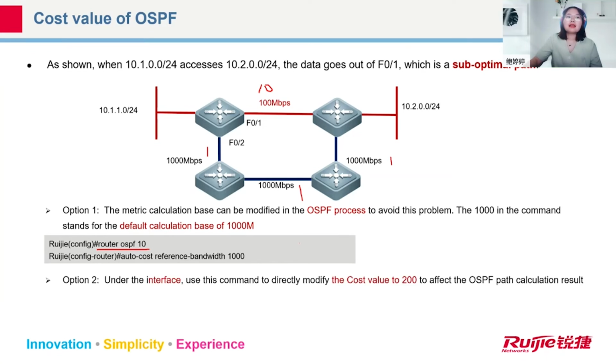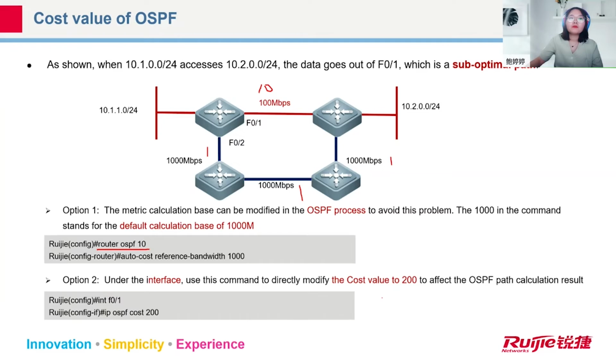Okay. And the second option, we can directly go under the interface and change this cost value to become bigger or smaller. For example, the command is this: enter the interface and change the ip ospf cost value to become 200. So only this physical interface will change the cost value to become 200, and for the rest of the interfaces, we only use the default calculation base 100 Mbps to calculate the cost.